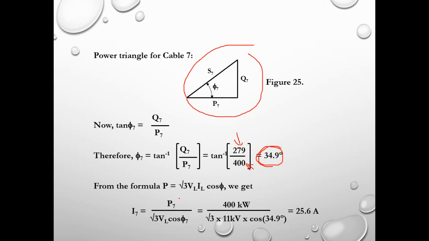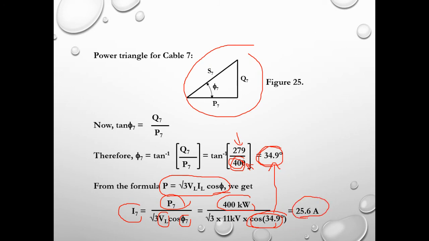Then use the equation P equal to square root 3 VL I cos theta. So we get P7, I7, as well as VL and theta 7. 400 is the P value, and cos 34.9, the new theta we calculated earlier, gives us I7 equal to 25.6 ampere.